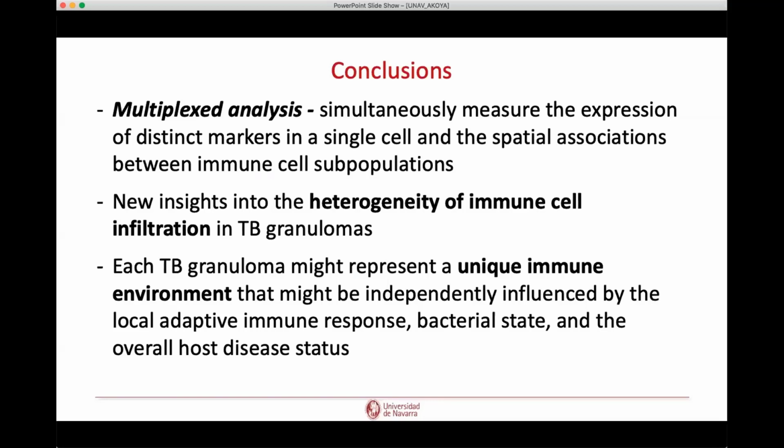Going to our studies, we just highlight something that we know already, that the immune cell infiltration in TB granulomas is very heterogeneous, and every granuloma may represent a unique immune microenvironment that may be dependent on the host response, the bacterial state, and of course the bacterial load in the lesion.